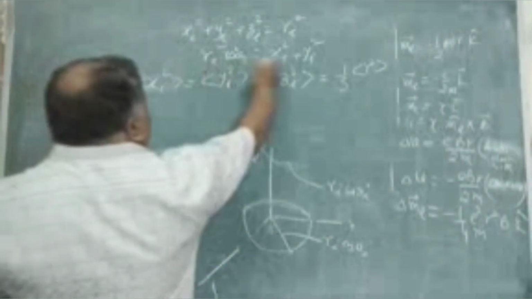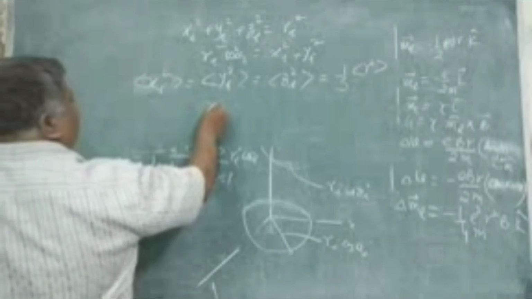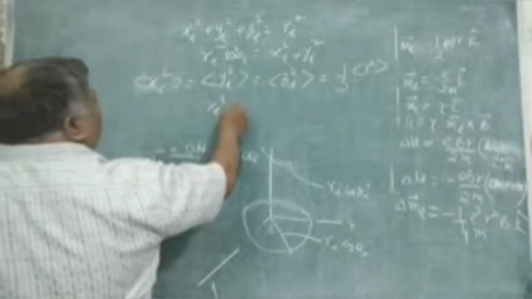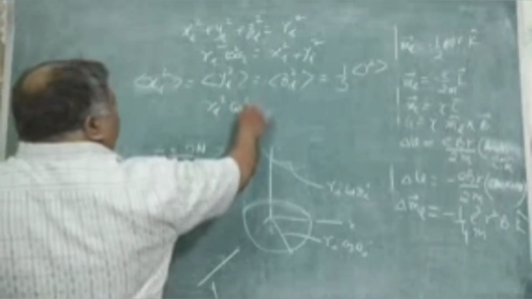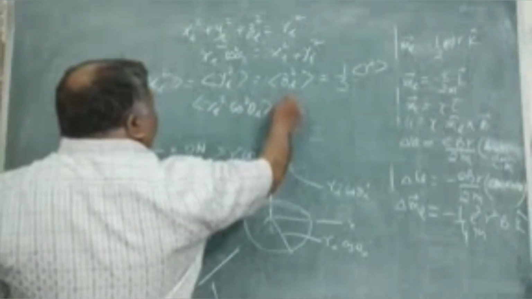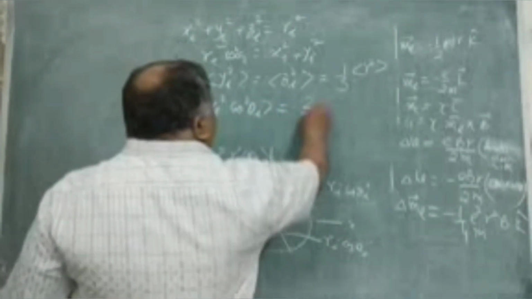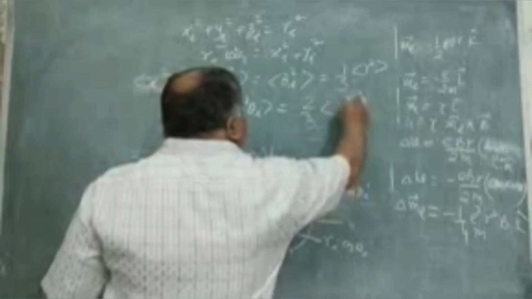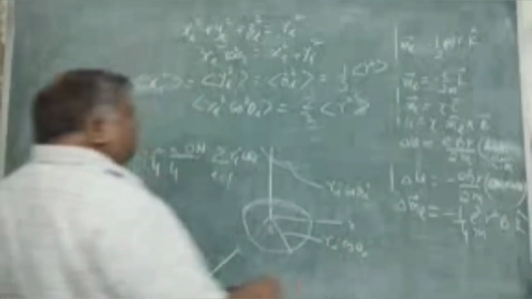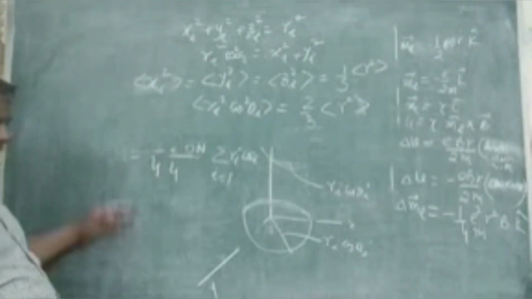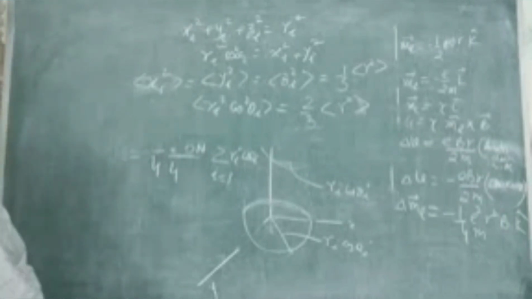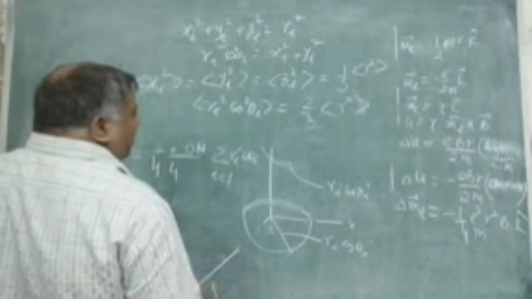So for this, we have Ri square cos square theta i equal to 2 by 3 R square, where R square is the average value. So let us put this relation for the average value.